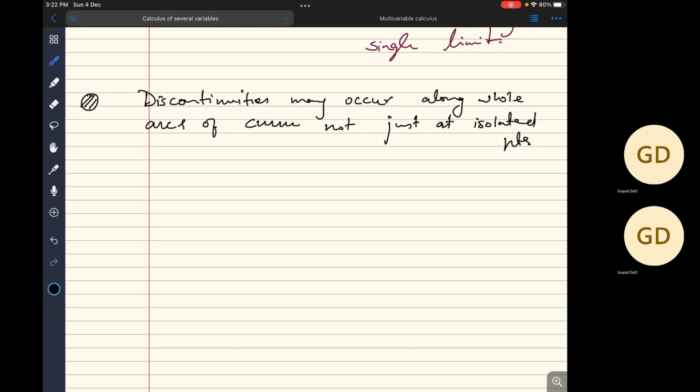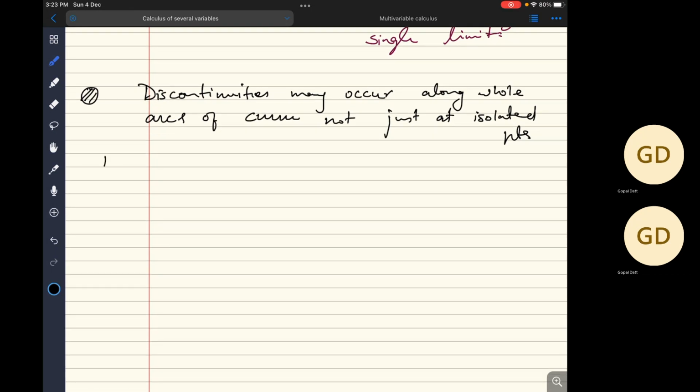To see this, let us consider the following example. Consider this function, which is defined like this. For x not equal to 0, it is y by x, and when x equal to 0, it is 0.